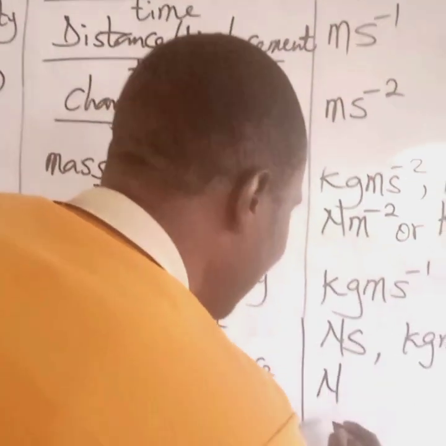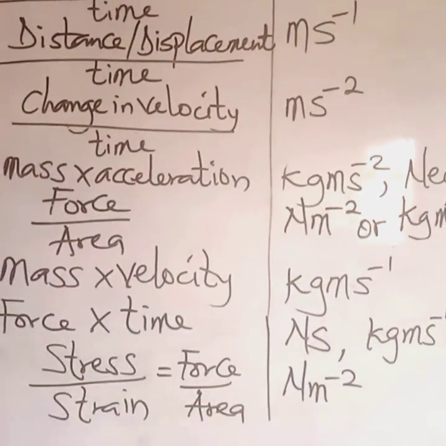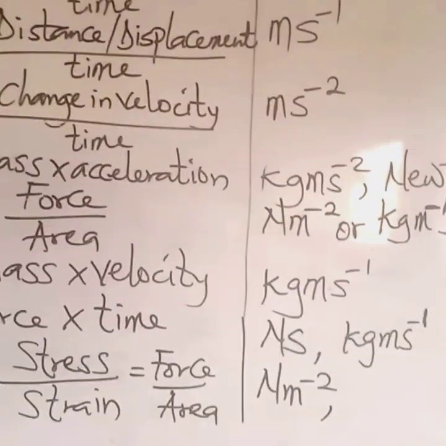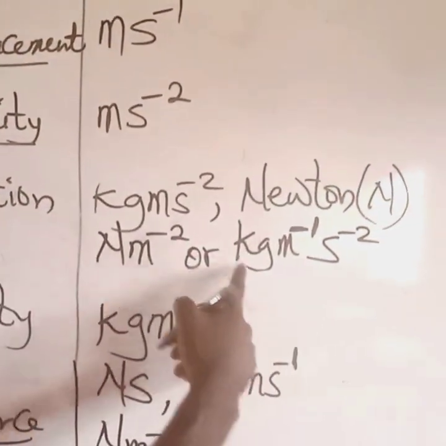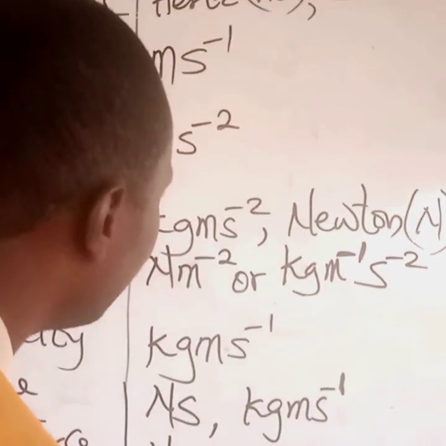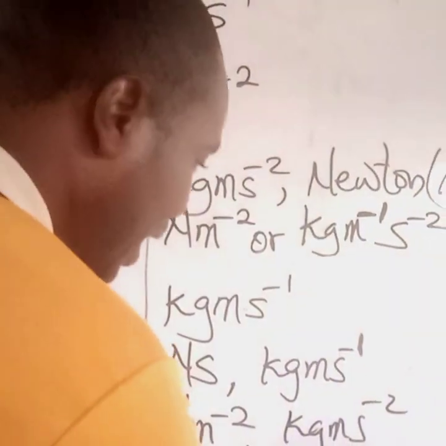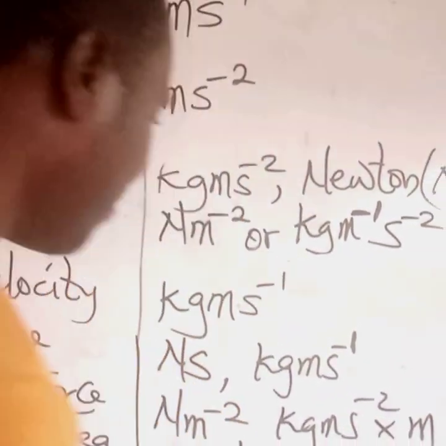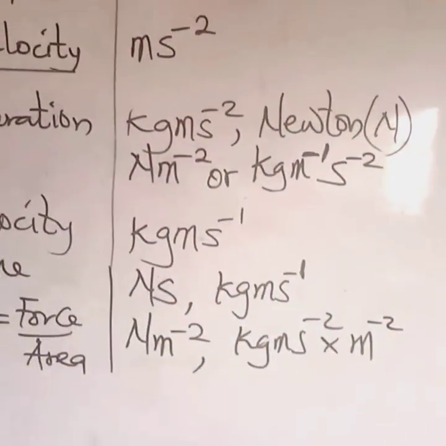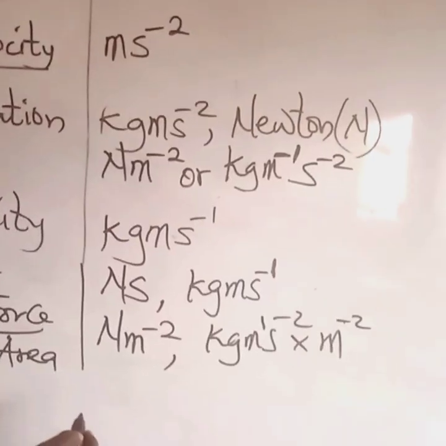We can say Newton per meter square in terms of SI unit, or for the purpose of dimension, we can say for force, kilogram meter per second square, then per meter square, that's m raised to power -2. So this is m raised to power 1 minus 2, that is -1.